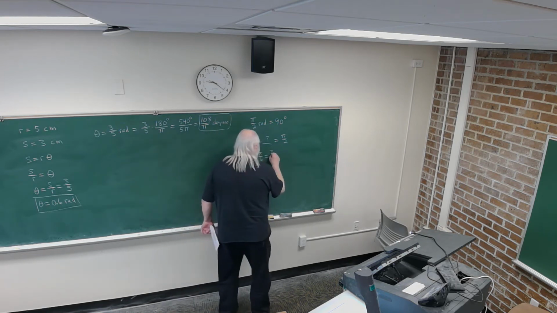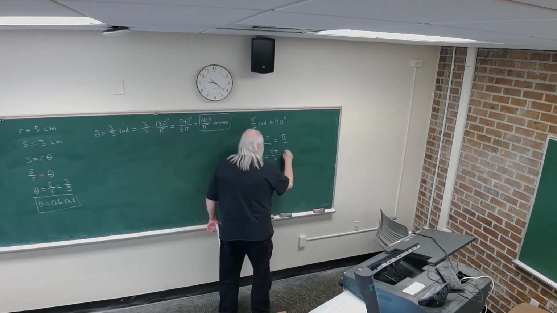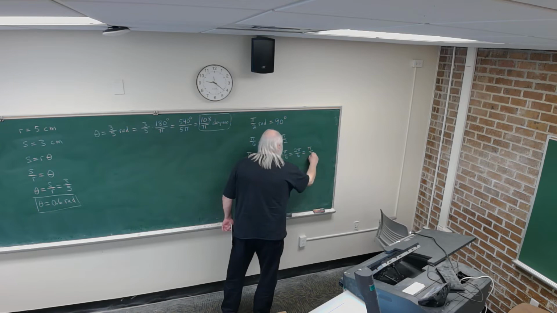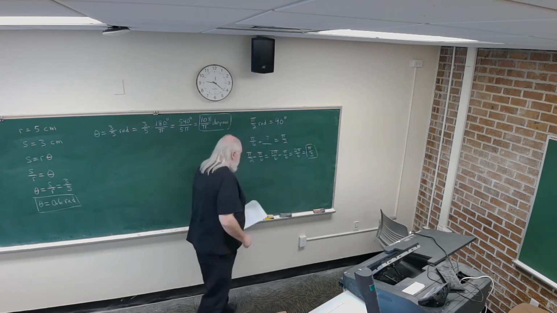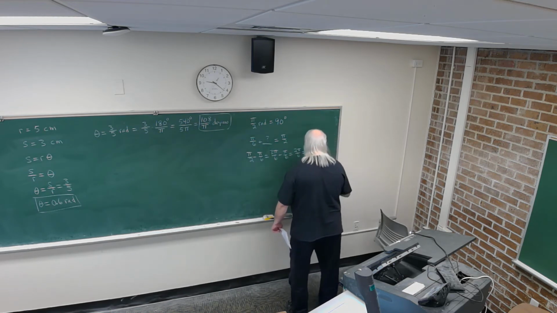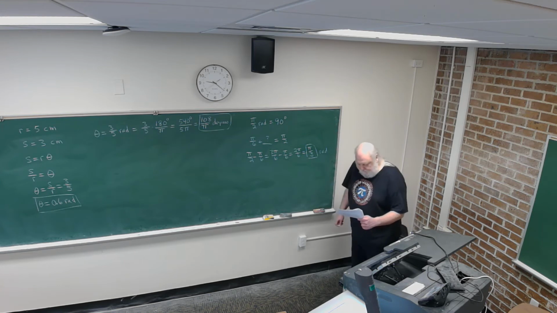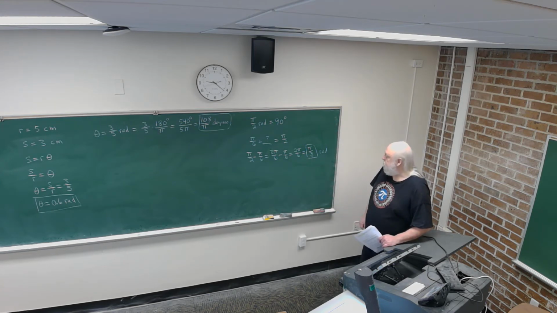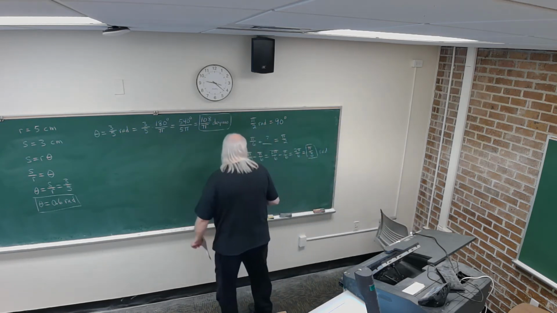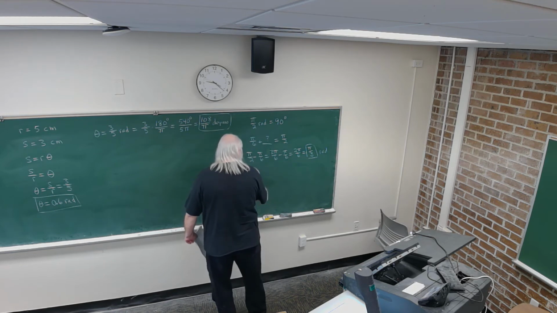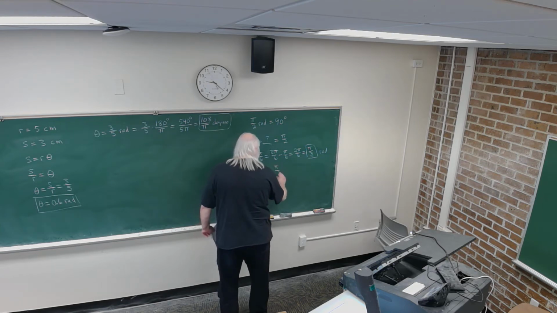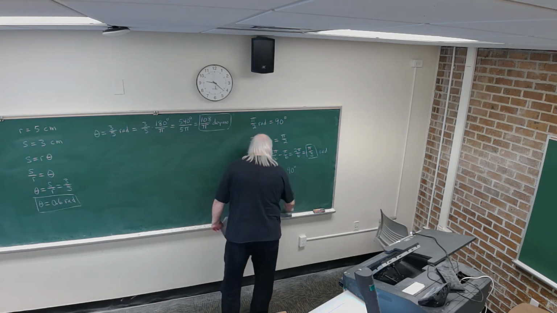You have 3 pi over 6 minus pi over 6 is equal to 2 pi over 6, which simplifies to pi over 3. So the angle that is complementary to pi over 6 radians is the angle pi over 3 radians. Pi over 6 plus pi over 3 equals pi over 2, which is the same as 90 degrees.